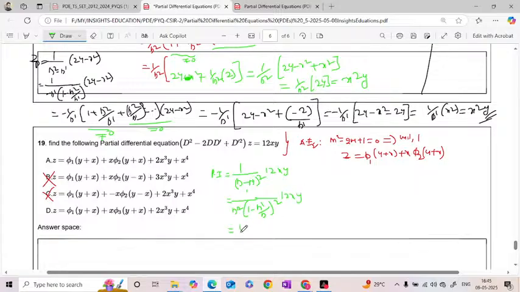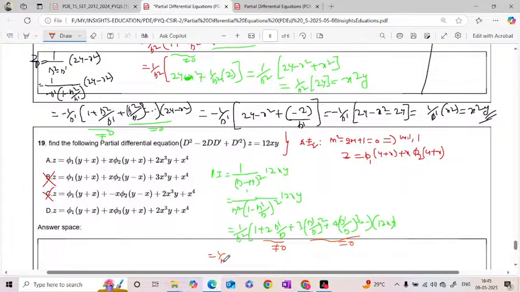After applying the series expansion, 1 plus 2 d dash by d plus 3 d dash by d whole square plus 4 d dash by d whole cube, and so on. Anyway, it is 12xy. So the first two terms give non-zero and the third onwards gives 0.